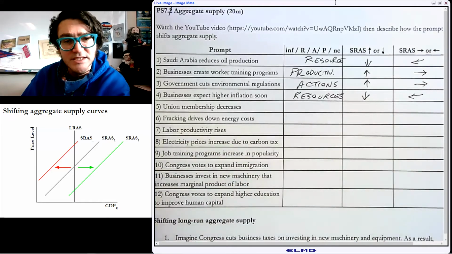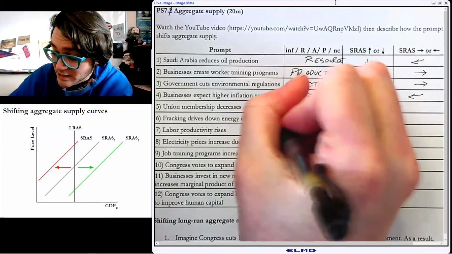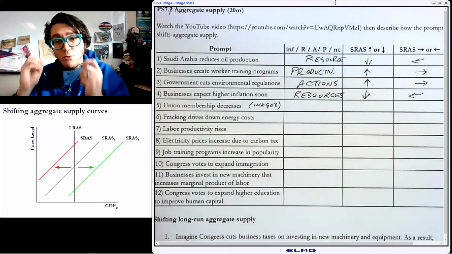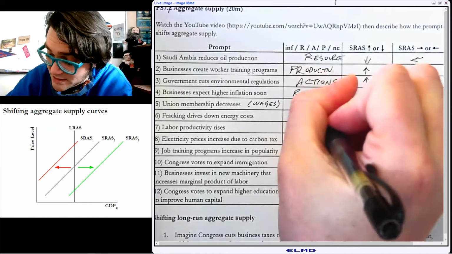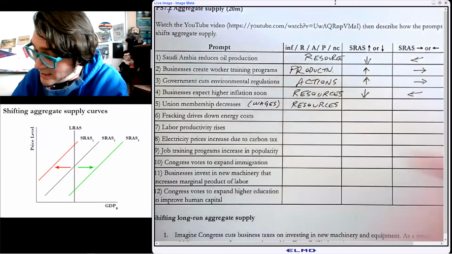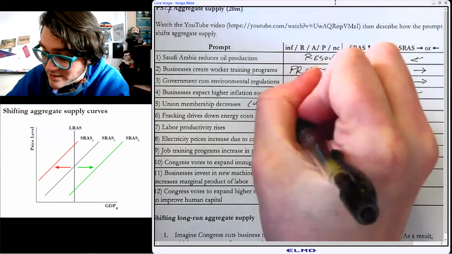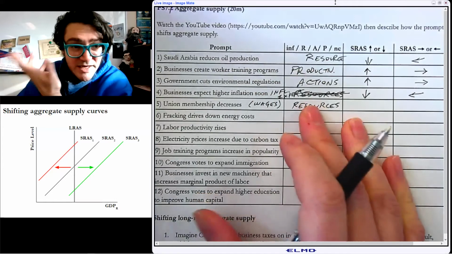Union membership decreases. Now, remember, I told you one of the most important ones here is wages. And if we don't have as many people in unions, then their wages are going to be lower. If their wages are lower, that's a resource cost, or an input price is another way to talk about that. Oh, this is not resources. That's silly. That's inflationary expectations, the previous one. And it affects resource prices.